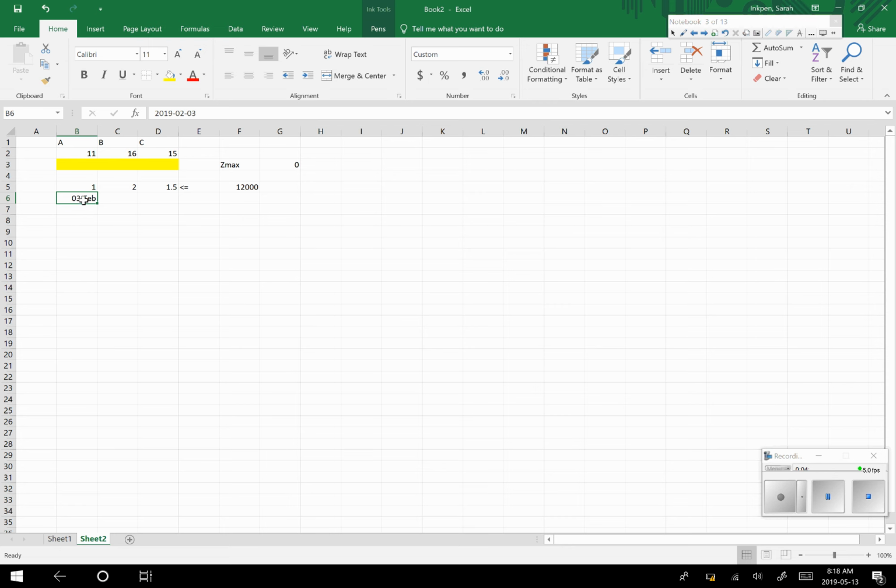If we end up getting, there's ways of changing this. I can go under cell, or I'm just going to put it as a decimal. It's easier.